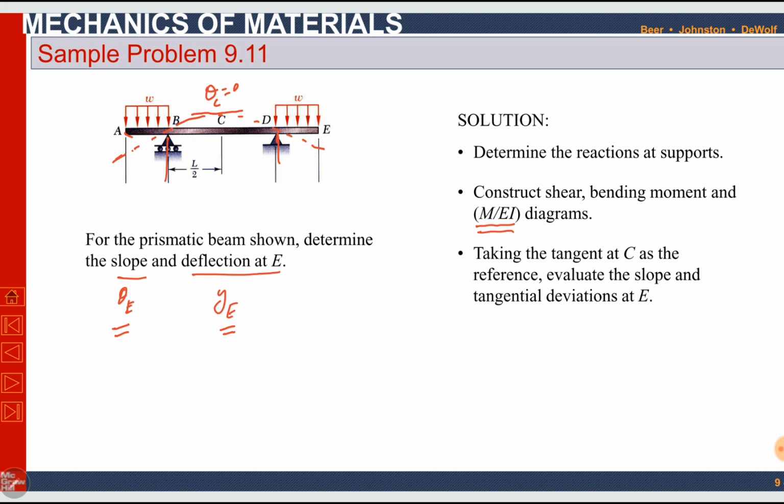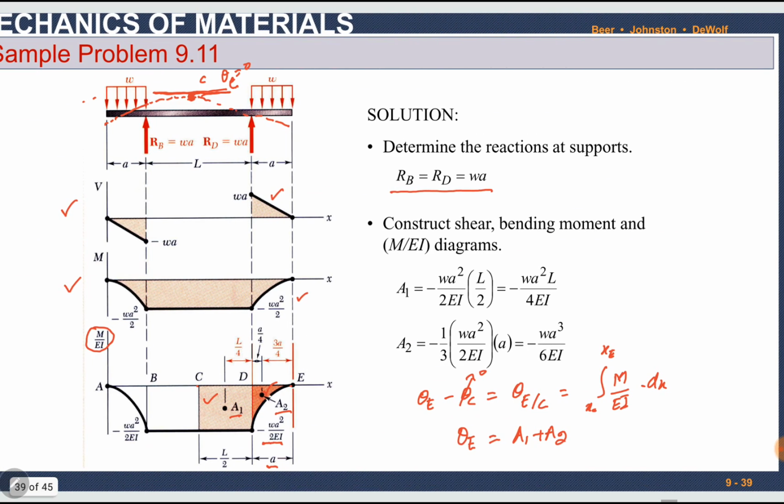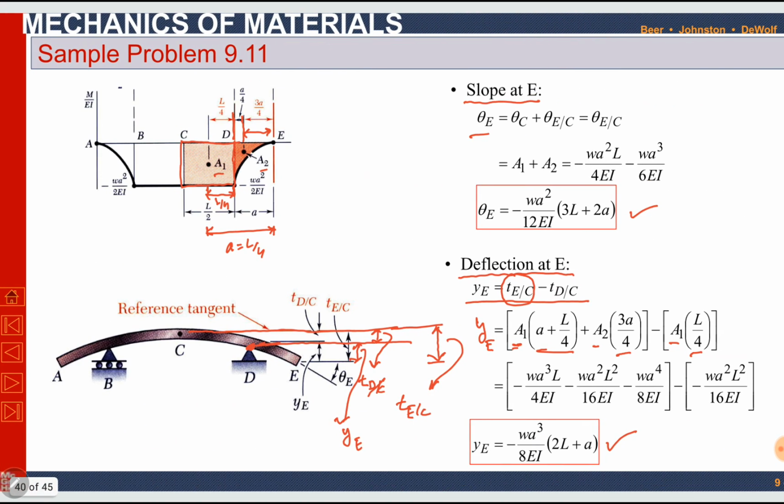So to calculate theta E, we took C as our reference. Theta C was 0, so theta EC is equal to theta E. Theta EC is the area under the M over EI curve between point C and point E. Similarly, between point C and E we have areas A1 and A2. We have calculated them and added them.